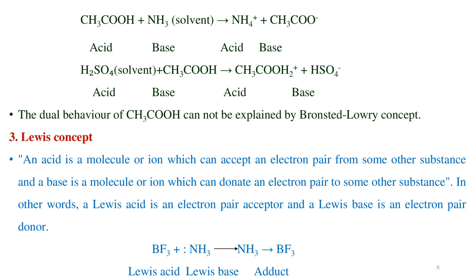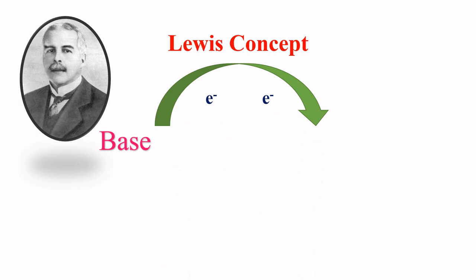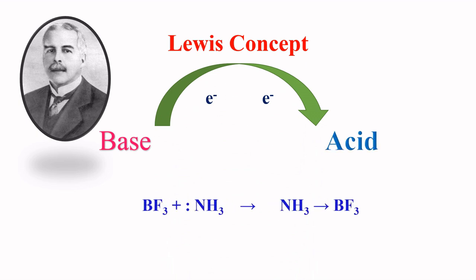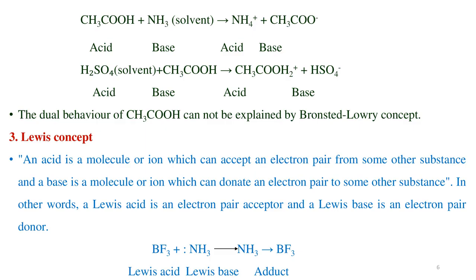The third concept is the Lewis concept. An acid is a molecule or ion which can accept an electron pair from some other substance, and a base is a molecule or ion which can donate an electron pair to some other substance. In other words, a Lewis acid is an electron pair acceptor and a Lewis base is an electron pair donor.